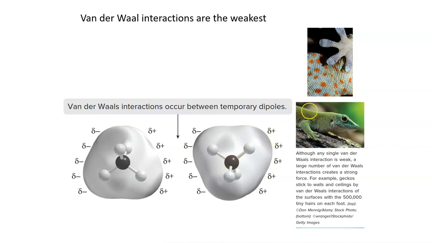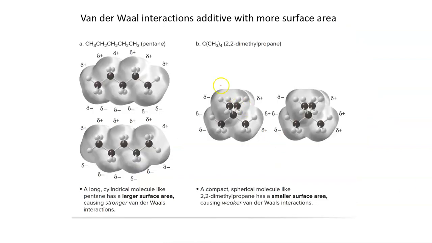And we can see that this is actually what happens on the feet of different types of lizards or chameleons. They have these fat pads that are long chains of hydrocarbons that all add up. So when we get longer and longer chains, we actually can get more of these van der Waals interactions, and that can create a higher melting point because of the surface area and those interactions.